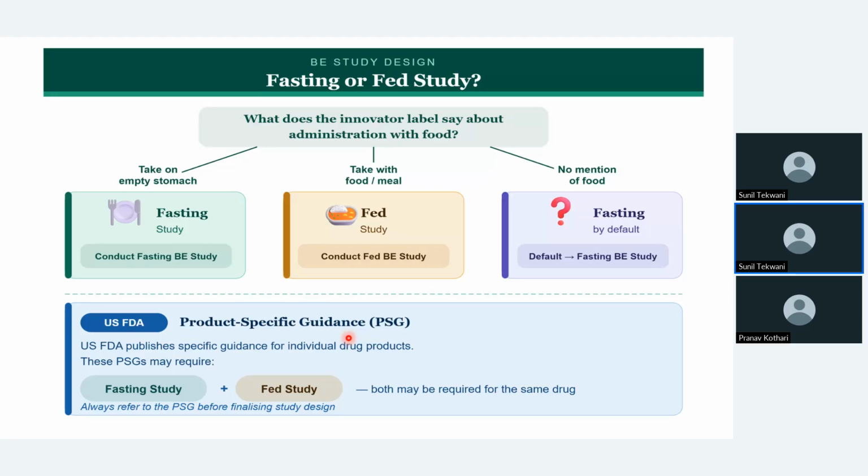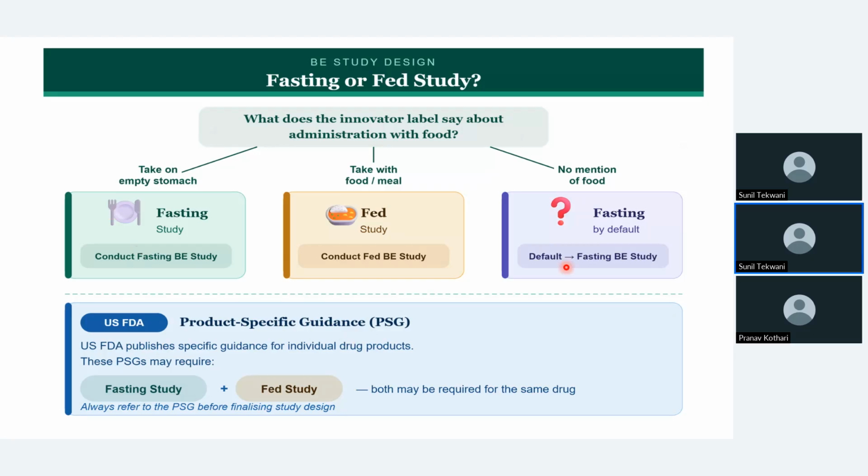In that it will be mentioned to do fasting study and fed study, or do any one of them. So you have to follow US FDA product specific guidance. If there is no product specific guidance for your product, you have to do both fasting and fed. So US requires double investment, 2 studies, even for the immediate release dosage forms.